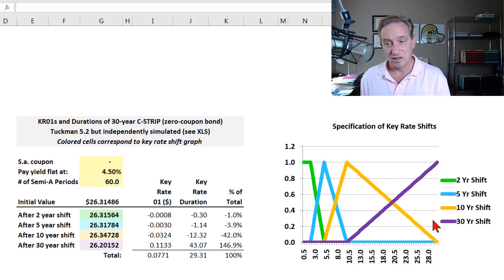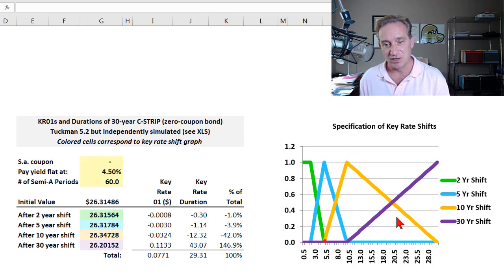If I just pick the 10-year key rate, it's clean in the sense that the 10-year is the peak, with linear interpolation down to 0 at 5 years, the next key rate neighbor, and similarly down to 0 at 30 years, the next neighboring key rate.